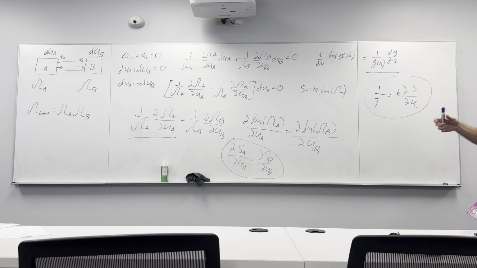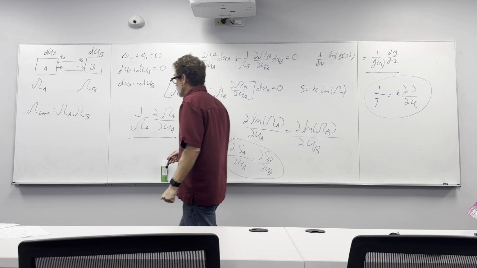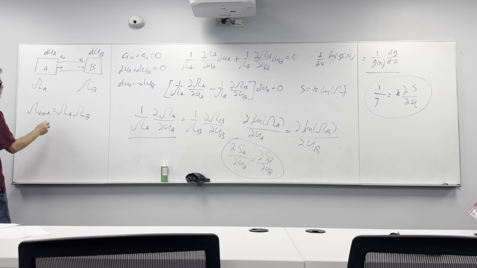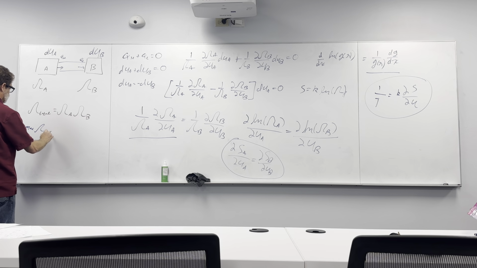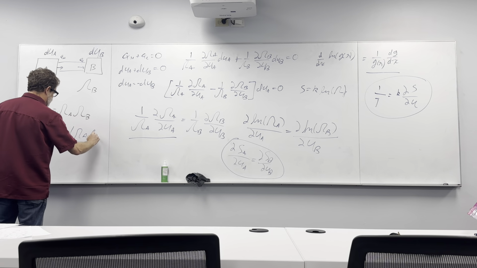We can also write this, now that we know this definition here. If we go back to this and take the derivative, if I want to maximize sigma total, that's like taking the maximum of sigma A times sigma B, that's what we did.